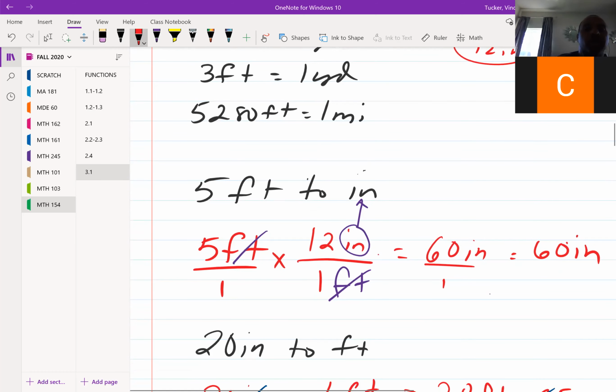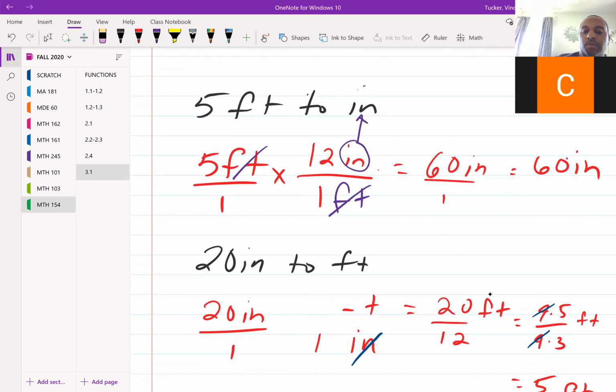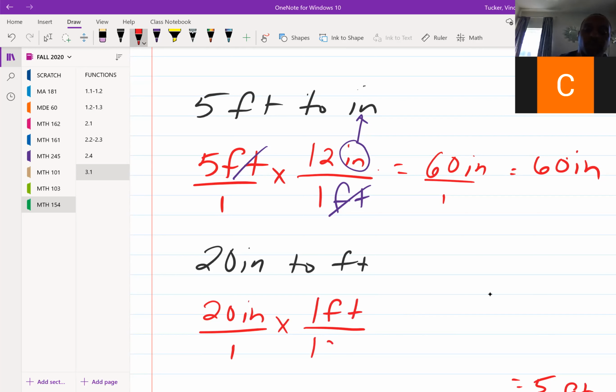All right, so let's look at inches to feet. Start off with 20 inches. This time we will use the same conversion factor, but the inches need to be down bottom. So there's 1 foot over 12 inches, and the inches over inches will cancel.